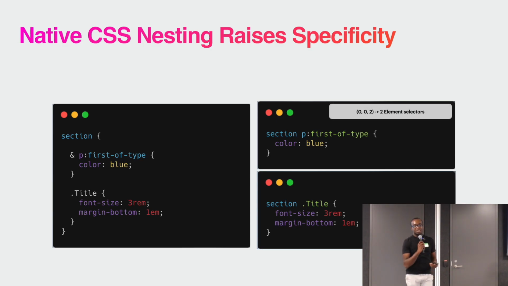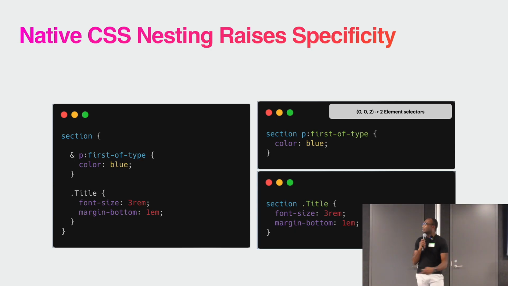And when I say it has a role in the specificity challenge itself: at the top here, we could see that we have a specificity of 0 IDs, 0 classes, and then 2 element selectors. So if we were nesting an element selector, then if we actually were to use a class selector, our class selector rule would actually overwrite this.